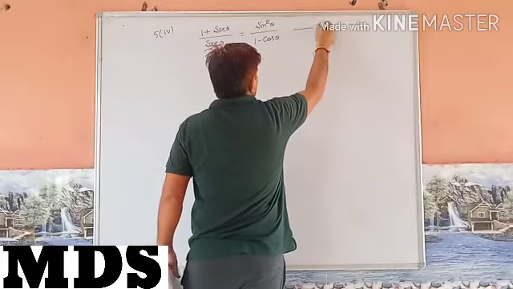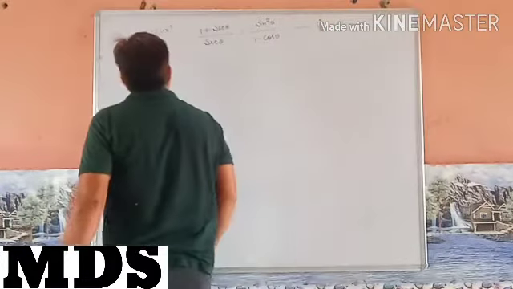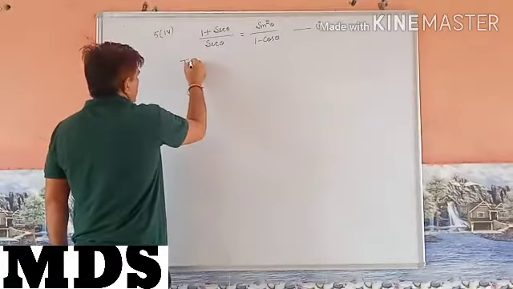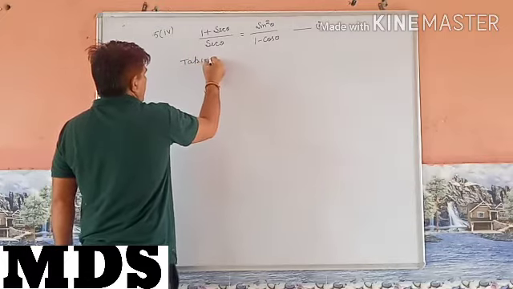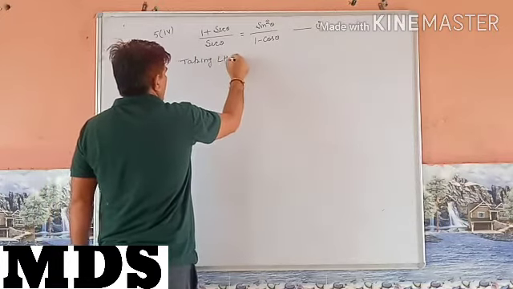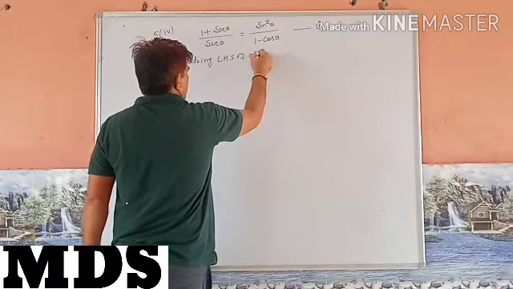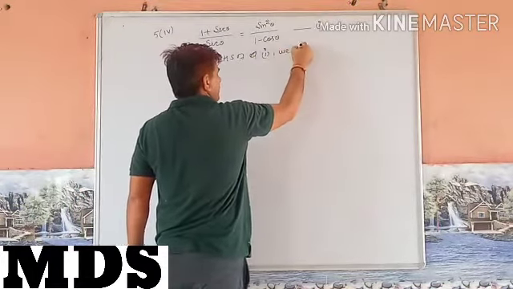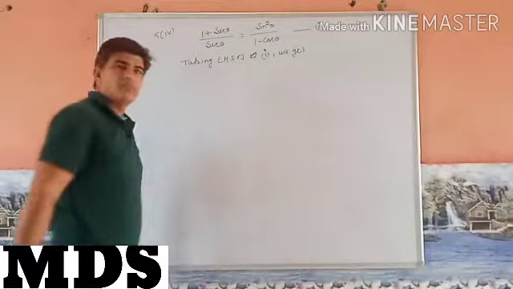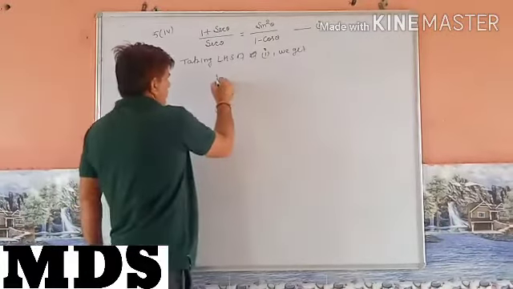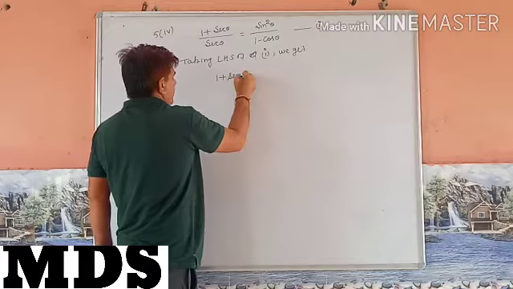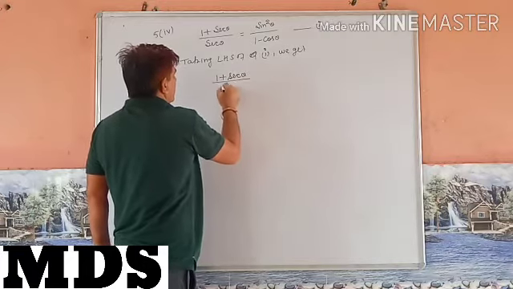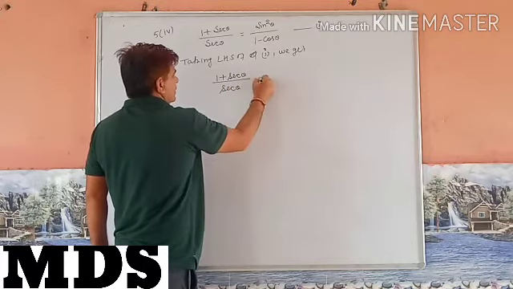Take this as first. Taking LHS, left hand side, of first, we get 1 plus secant theta by secant theta.